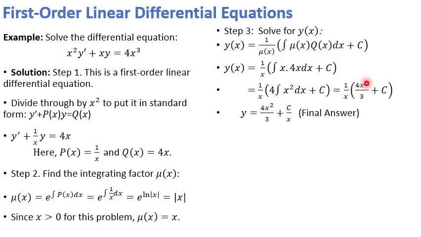So x cancels one of the x here, and we are then left with this final answer, 4x raised to power 2 all over 3 plus c all over x, as we also multiply 1 all over x with the constant term here. So this is the final answer.